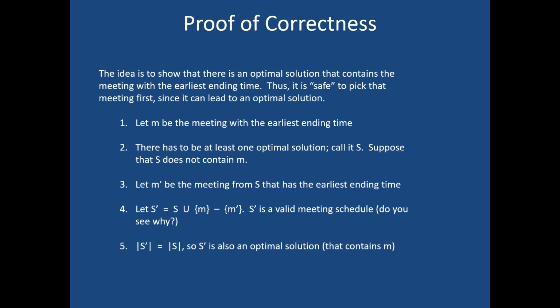So what does that tell us about making your first choice be M? If your first choice is M, could you be in a situation that you're not going to be able to add more meetings and reach an optimal solution? We want to see that it's always safe to make the greedy choice, that we're not going to be stuck. So what does this S and S prime business have to do with that?